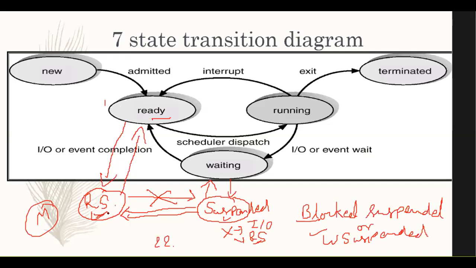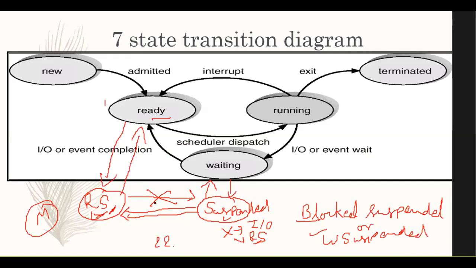These processes are not waiting for any IO operation. They only want to execute on the CPU, but because of lack of memory, they are in ready suspended state. Hence, the reverse arrow will not be here.